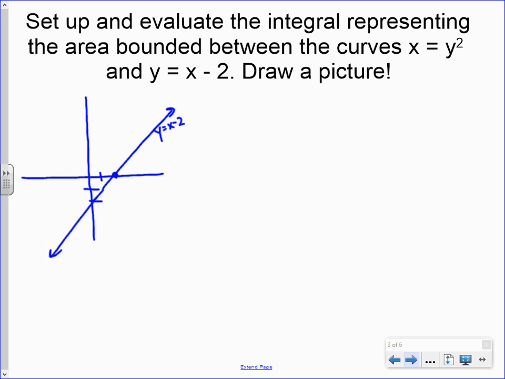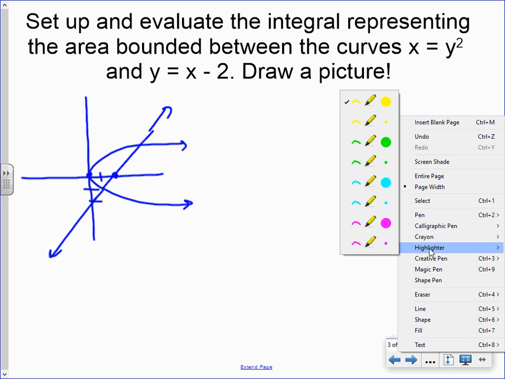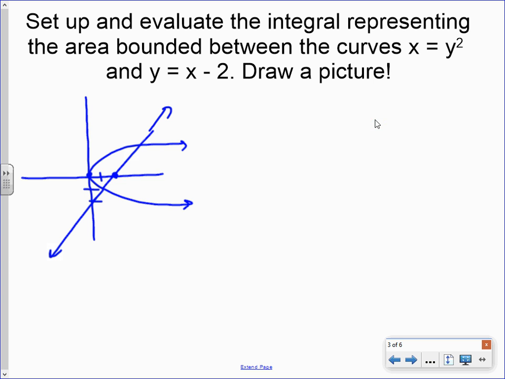This is the same one from yesterday, right? Yes. Okay. Now, here's our area. And I'll do like I did yesterday, where I'll highlight the area so you can really see what's going on here. Okay.